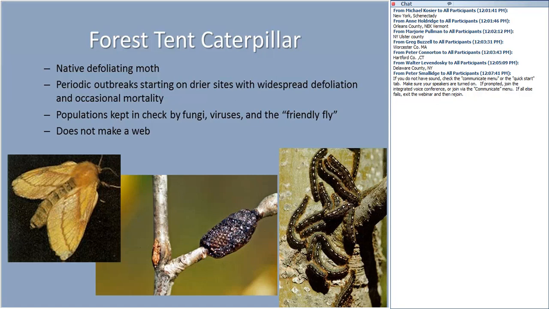And then the populations in most places collapsed, probably due to fungi, viruses, and what we call the friendly fly, a little parasitic fly. The interesting thing is that it actually persisted in some locations, and I still scratch my head about that.